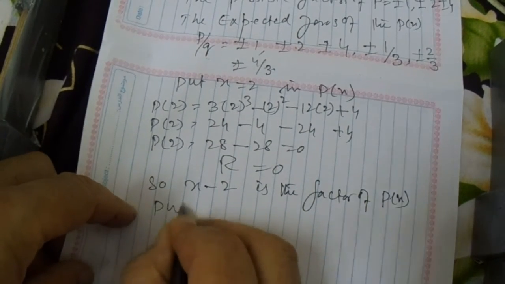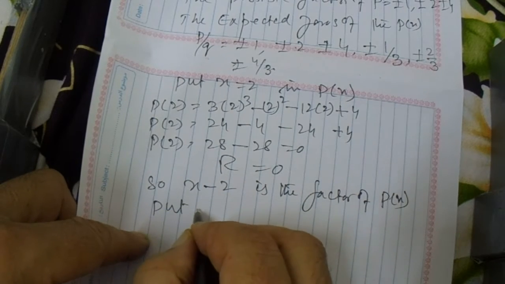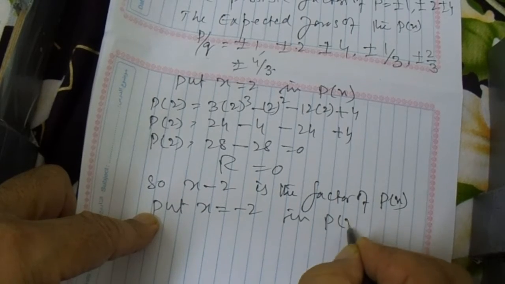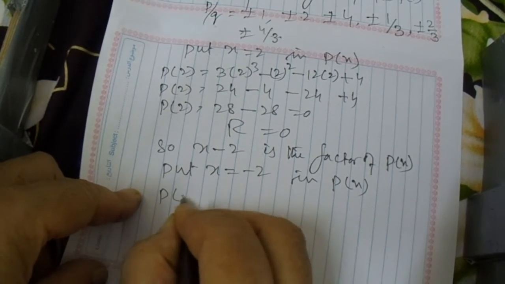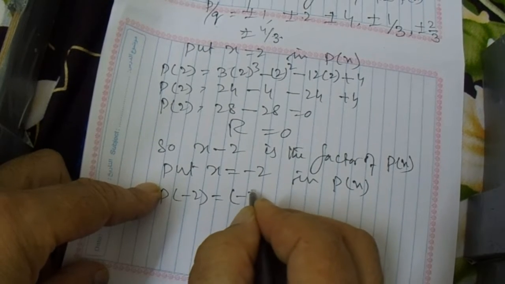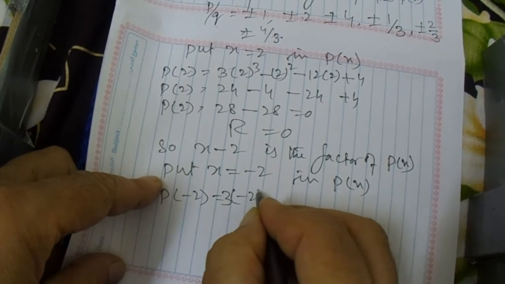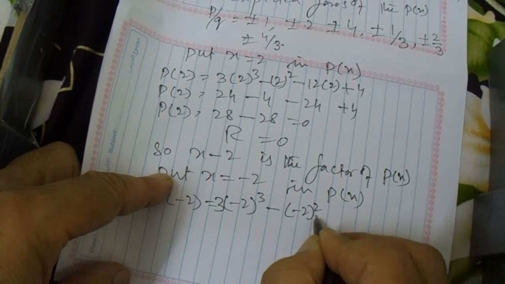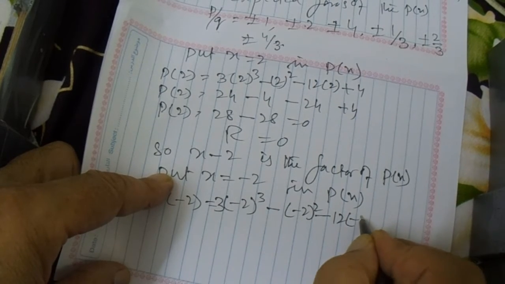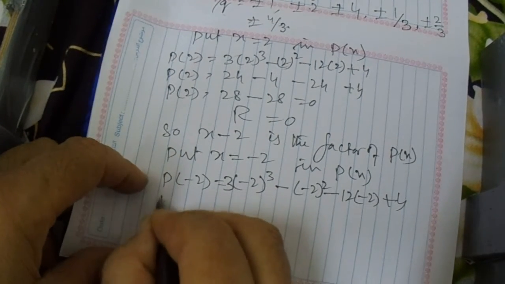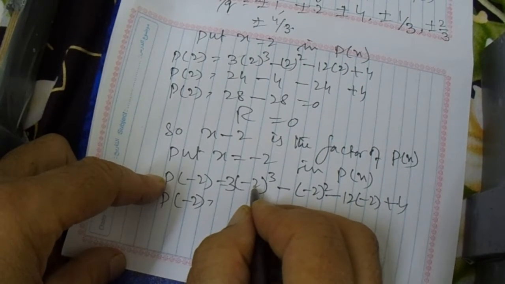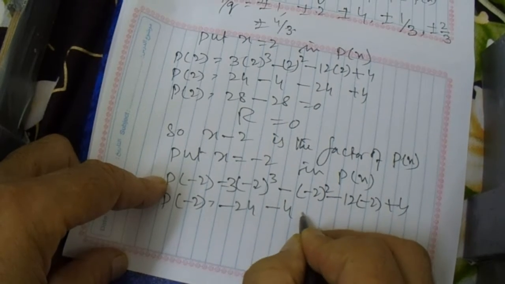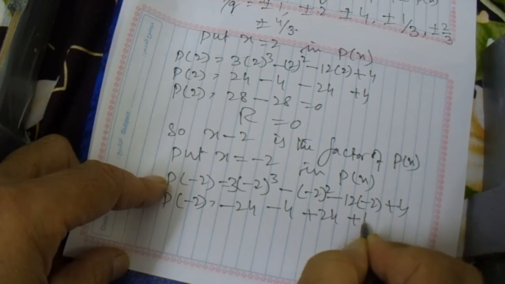Again put x equal to −2 in P(x). P(−2) = 3(−2)³ − (−2)² − 12(−2) + 4. P(−2) = −24 − 4 + 24 + 4.